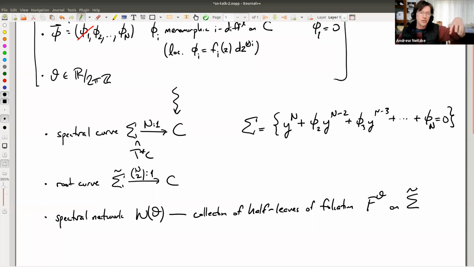But generally, I don't think of it as living on sigma twiddle. I think of its projection down to the base. So let me show you a few pictures of what that projection could look like, as examples, to remind you of the kind of thing that it was.